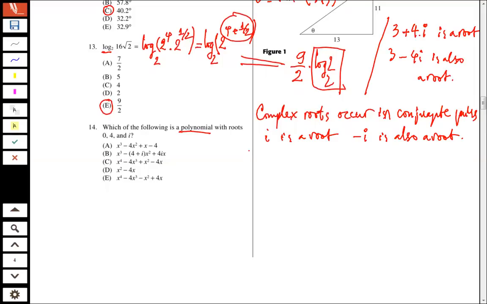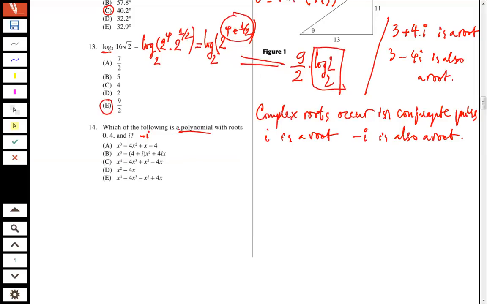Therefore, the polynomial we need to find has 4 roots: 0, 4, i, and minus i.